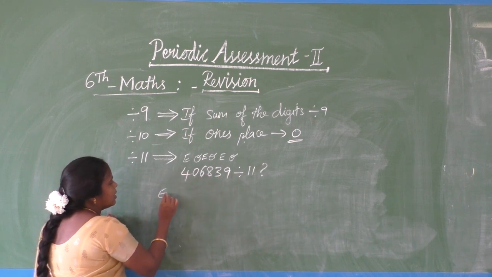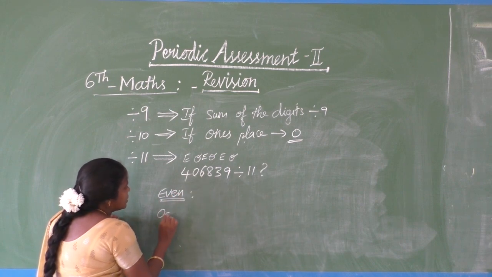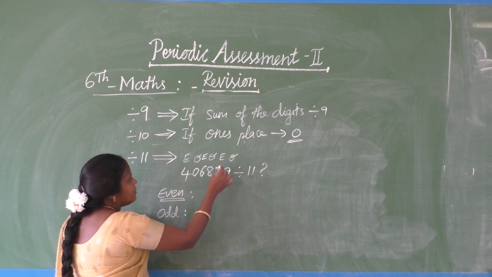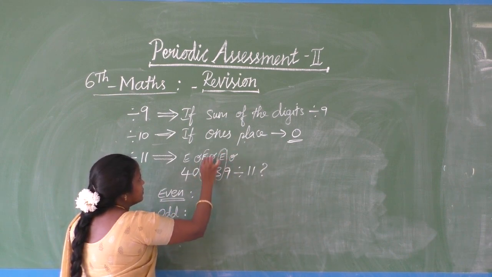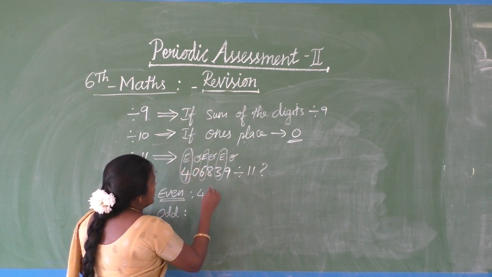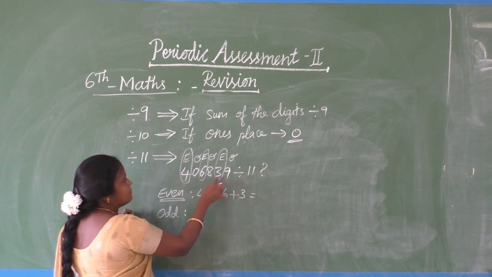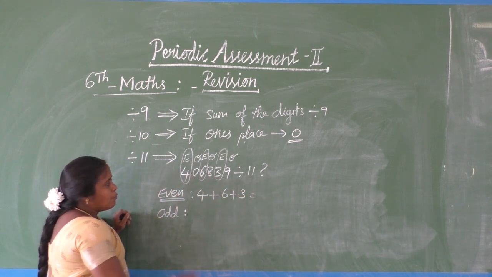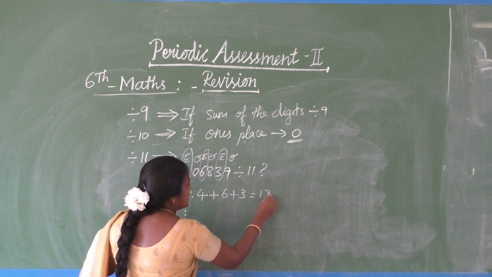Now collect all the even place numbers in one line, odd place numbers in one line. Even place numbers, what are those? 4 plus 6 plus 3. 4 plus 6, what comes? 10. 10 plus 3, 13.